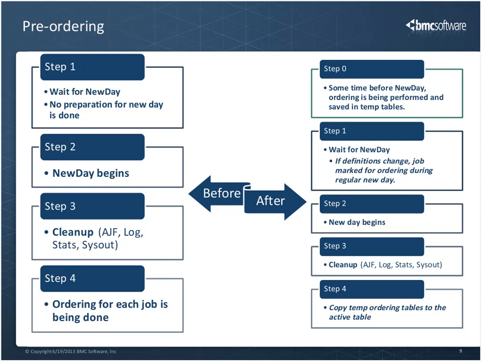New Day will start just as it did before. The cleanup will occur. We'll clean up the active environment, the logs, statistics, sysout. And then we will take that temporary table that we created prior to New Day and copy it over to the active environment.